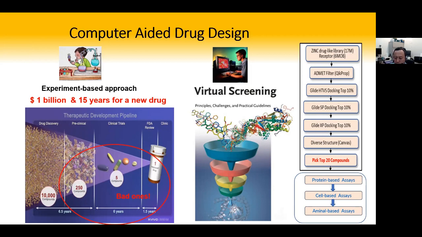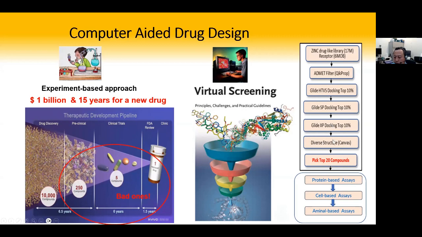So here I show you a workflow commonly used in drug discovery. We typically start from the drug target structure, and we have a library of compounds. In this case, it is 17 million compounds. And then we do some filtering based on predicted drug properties. And then we typically do docking to get a docking score, docking the compounds to the active site and ranking them.